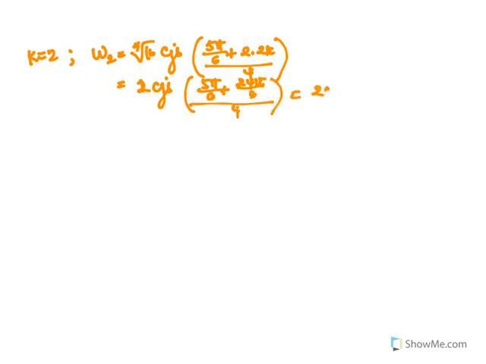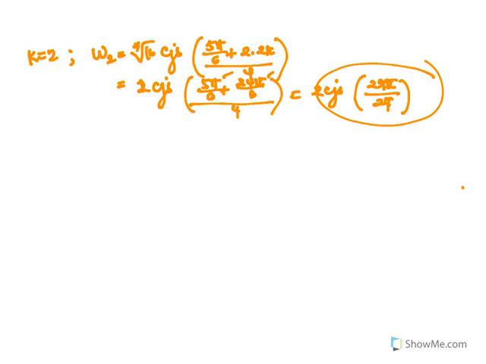And so you have 2 cis of 5 pi plus 24 pi, which is 29 pi, over 6, over 4. You have 29 pi over 24.